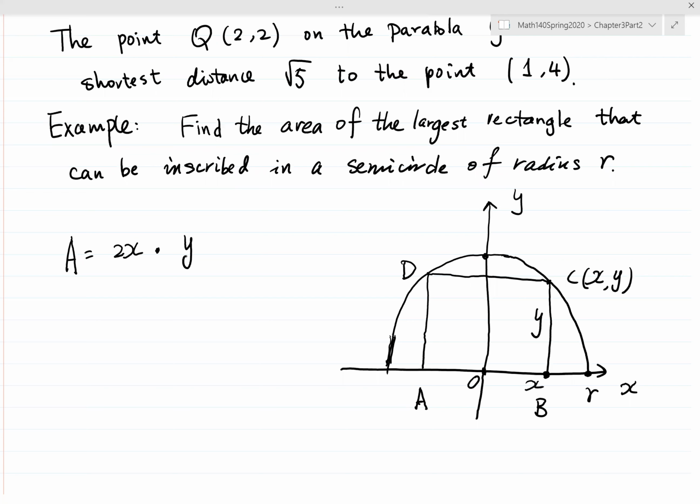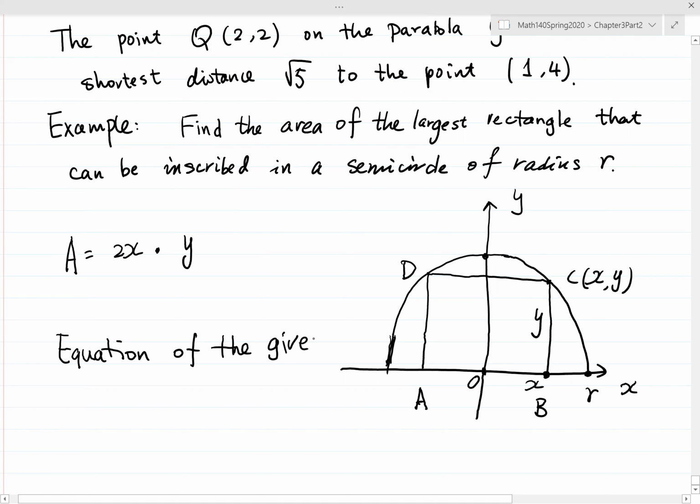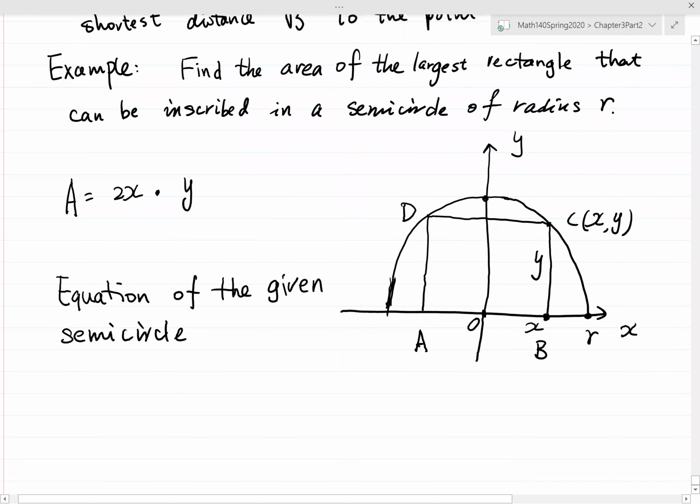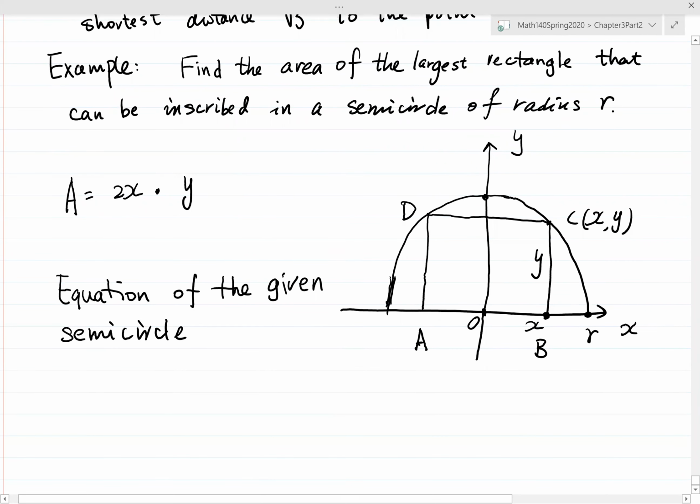Now the equation of the given circle or semicircle. A circle is a collection of points that have a fixed distance to a given point called the center. If you write down the distance formula, you get x squared plus y squared equals r squared, where the radius is r.